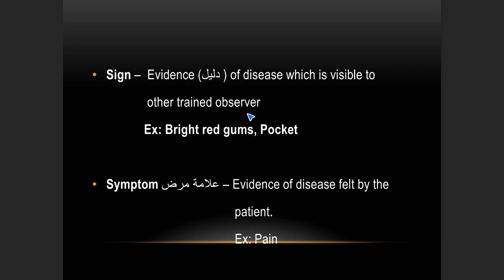It is something related to disease which is visible to a trained observer. A trained observer could be a doctor, it could be a nurse, anyone who knows medicine, who knows dentistry, who is educated, who has an idea about this disease. Remember, sign is evidence of disease which is visible to a trained observer.